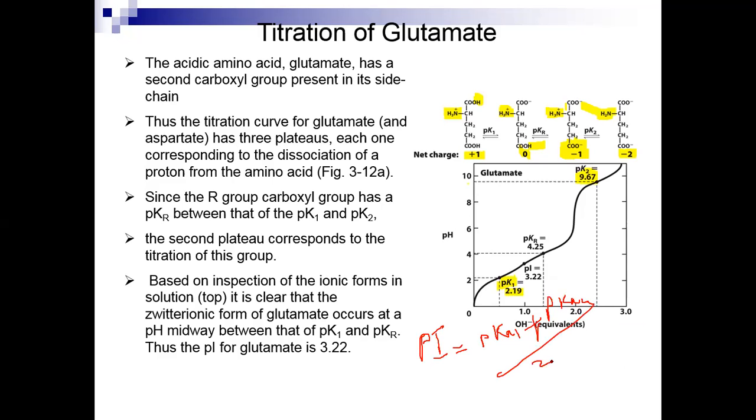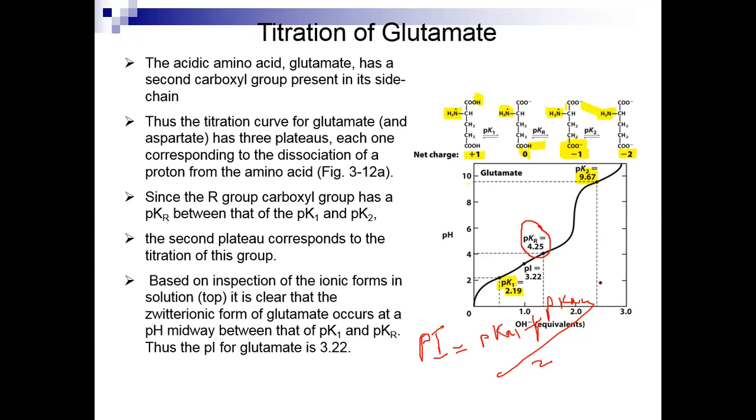This was okay, but now there is the problem. There is another pK value, which is pKr. Now, what will be the formula for the pI?